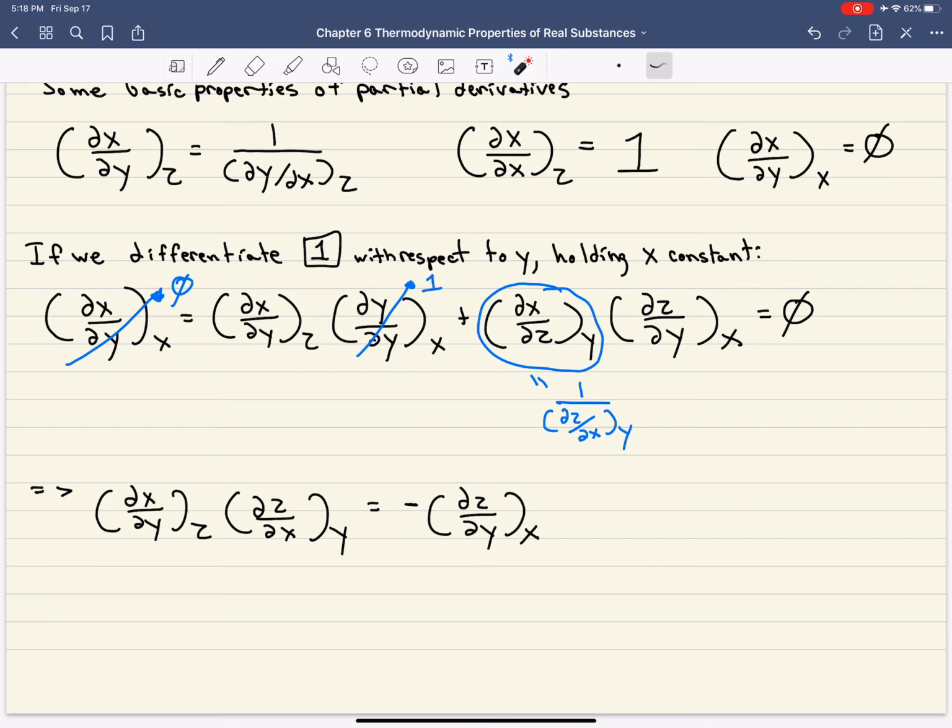And yeah, that's essentially what we have. And so this identity that we have here, you could play around with it some more to rewrite it. But essentially what we have here is the triple product rule. Okay. So this is just another identity of partial derivatives.